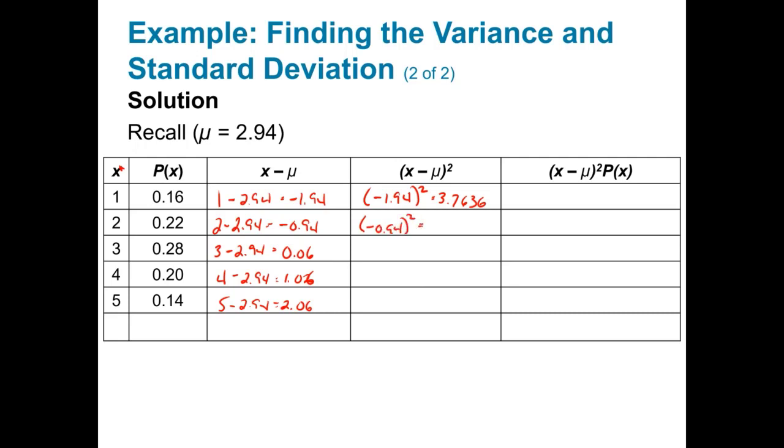So negative 0.94 squared, we get 0.836. And so on down the line. So keep squaring each of these numbers until you get all of them squared.